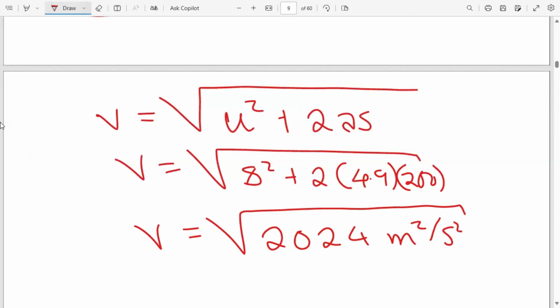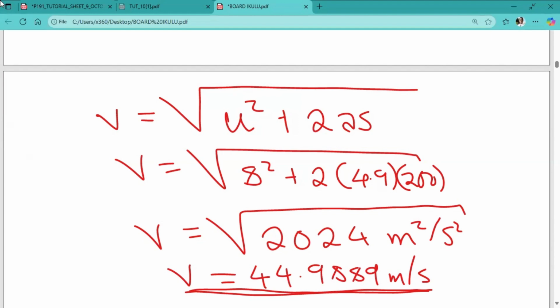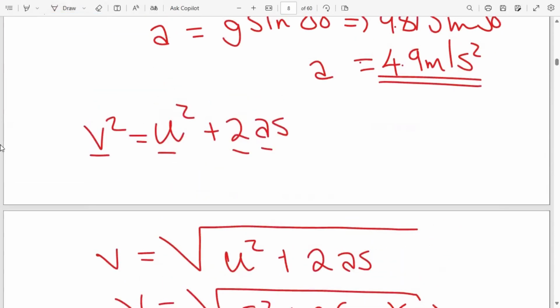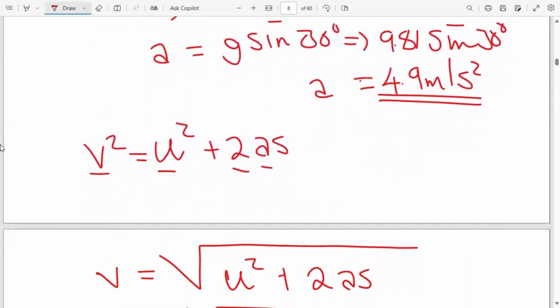Plug this into a calculator and you get the final velocity as 44.988 meters per second. That is the final velocity on question B. For question A, we calculated acceleration as 4.9 meters per second squared. For B, we calculated the final velocity as 44.9889 meters per second.